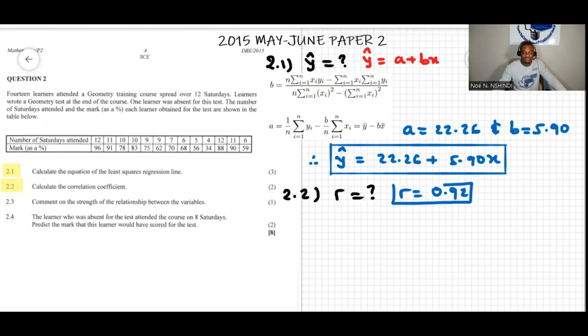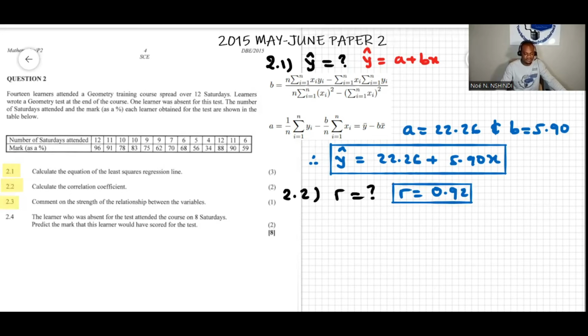Okay. Now we're going to do question 2.3. Question 2.3 says, comment on the strength of the relationship between the variables. All right, now that we have 0.92, we can say that this is a very strong positive relationship, okay?